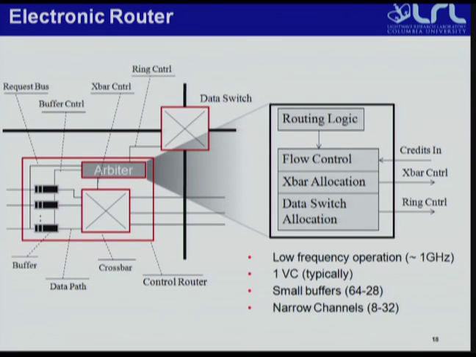In this case, it'll be the photonic plane, the photonic devices over here. And so the arbiter changes a little bit because now it has to worry about whether paths intersect, right? It's actually just one more step, because if you compute the routing and you're constrained by the flow control and the crossbar allocation, now you're just additionally constrained by the data switch allocation.